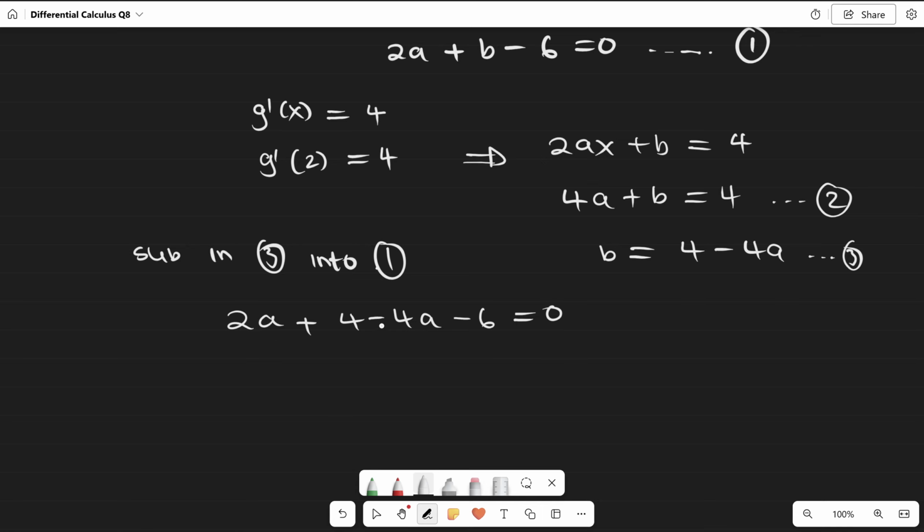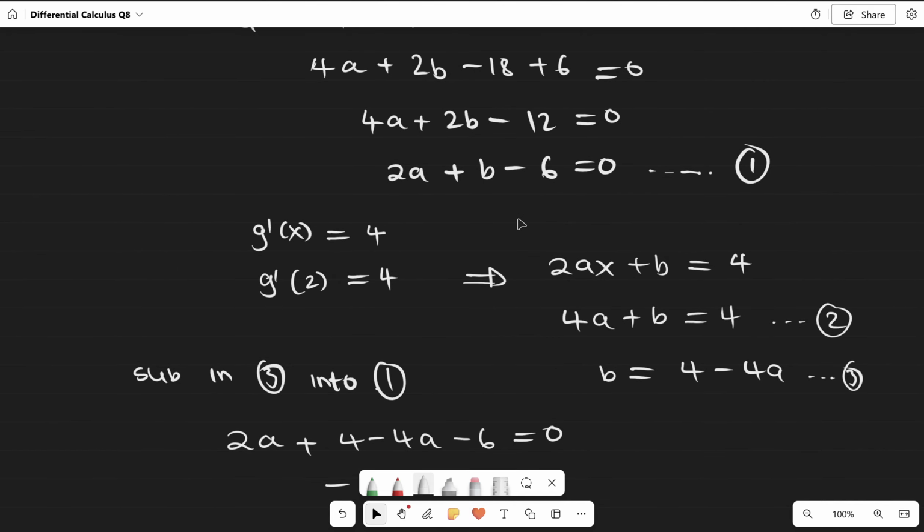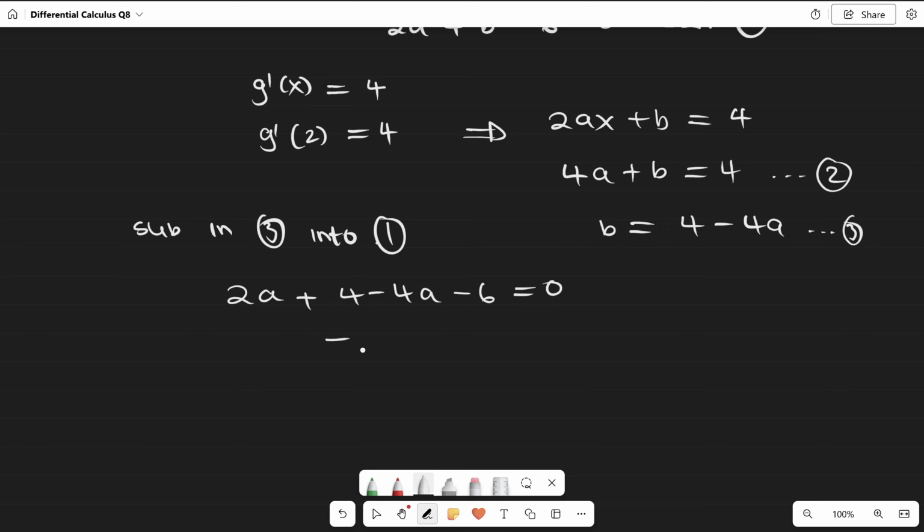So 2a minus 4a, that should be negative, what? I feel like I made a mistake somewhere. Let me check. Okay, there's no mistake. Let's see. This is negative 2a. 4 minus 6, that is what? 4 minus 6, that is negative 2, equal to 0.